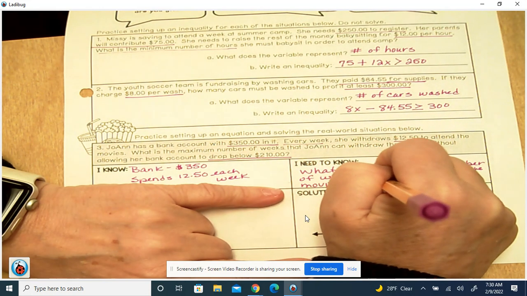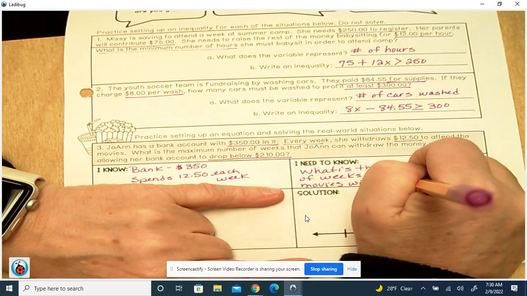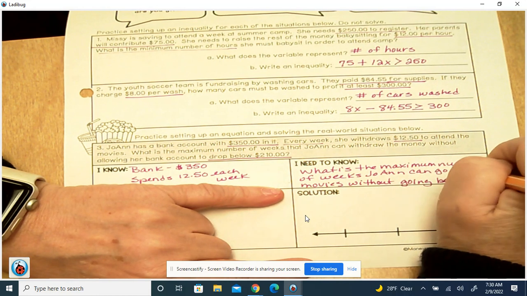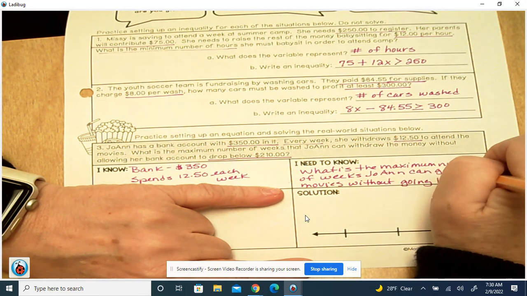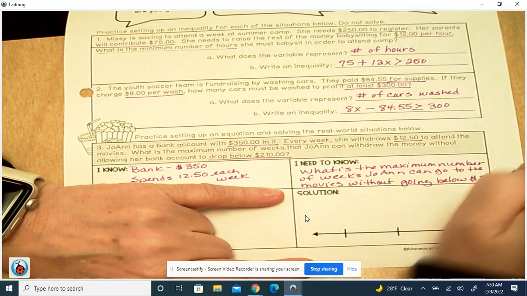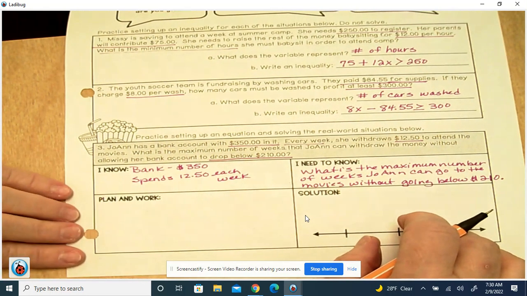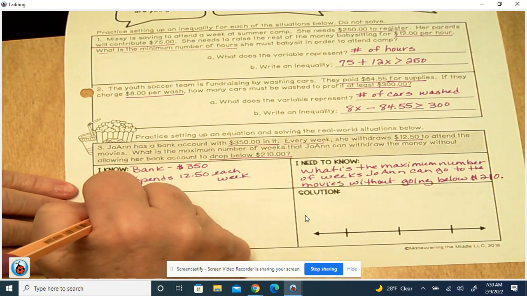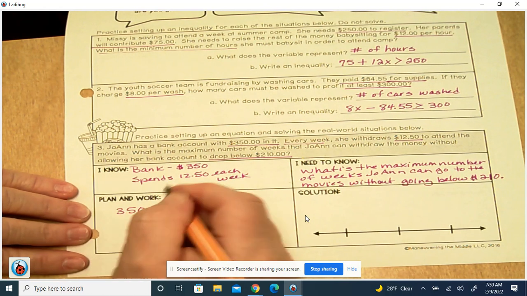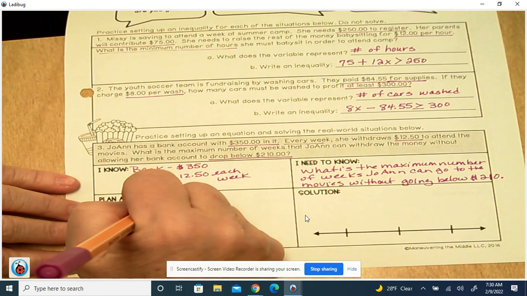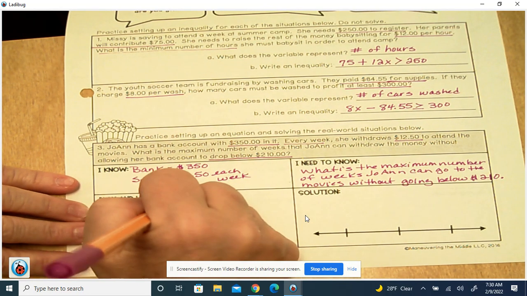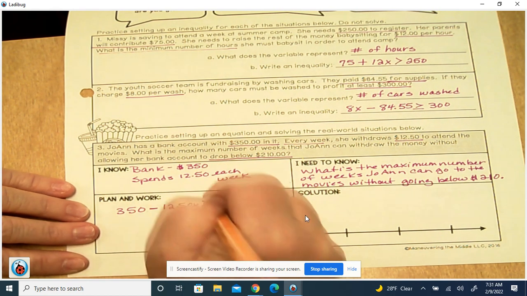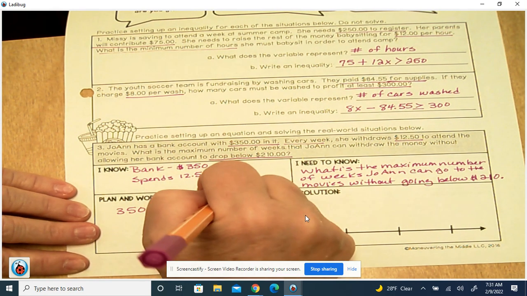Without going below $210. All right, so we have $350 in her bank account. She withdraws, that means takes away, $12.50 a week, and she cannot go below 210.